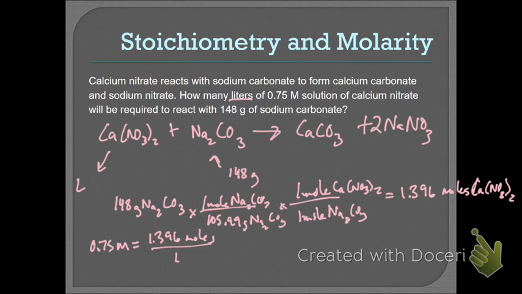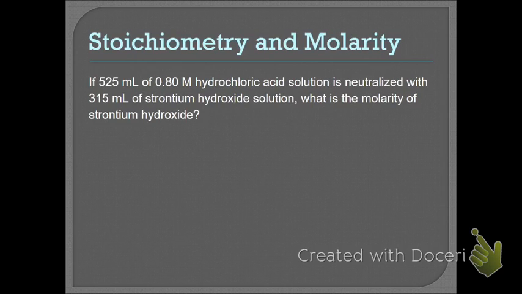We need 2, it looks like. So 1.9 liters. Okay. So basically, you're starting on one side of the equation and you're trying to get to the other so that you can solve.